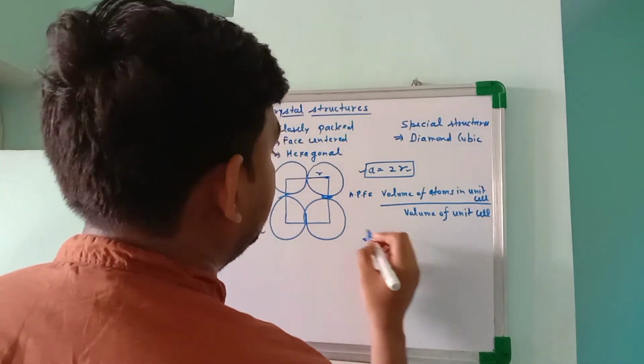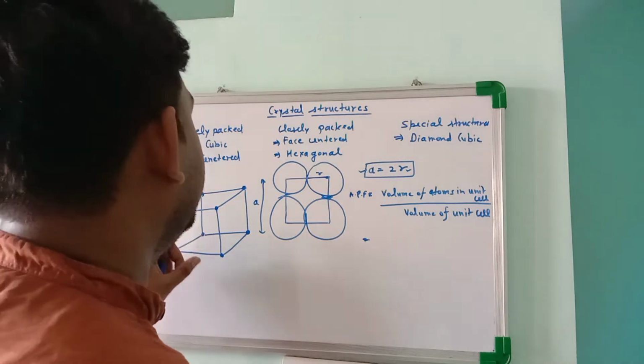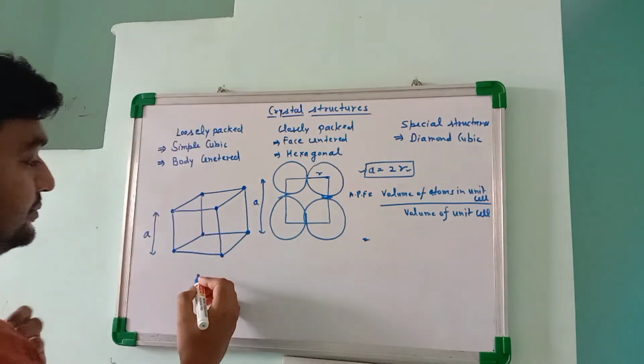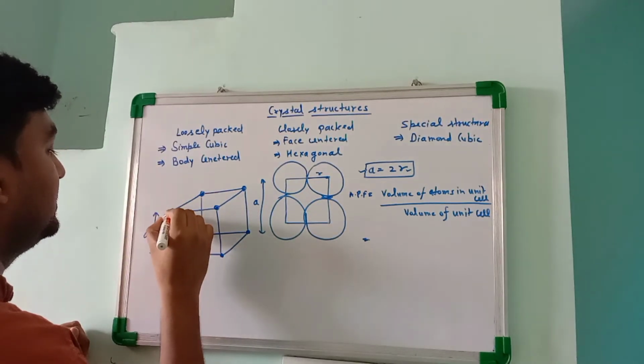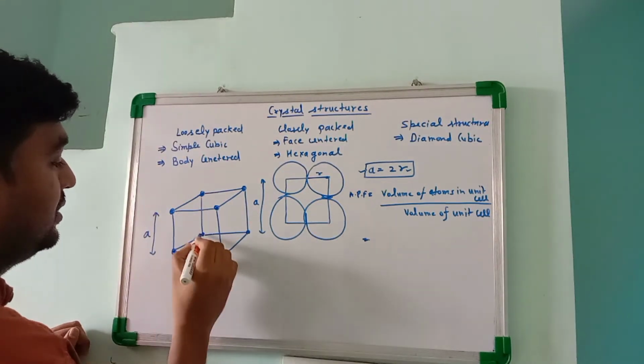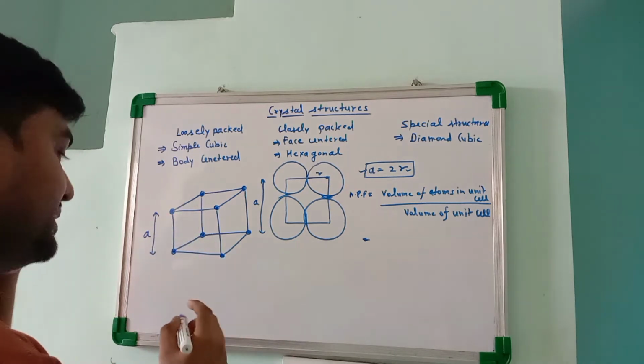We know that the effective number of atoms in the simple cubic is 1 because each corner atom contributes 1 by 8 of its atom to the unit cell.